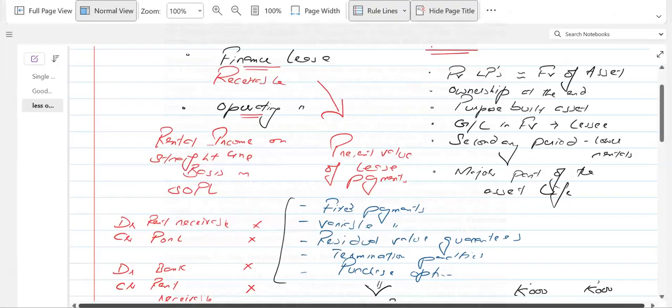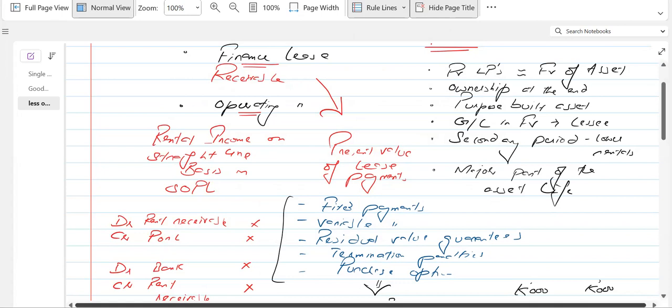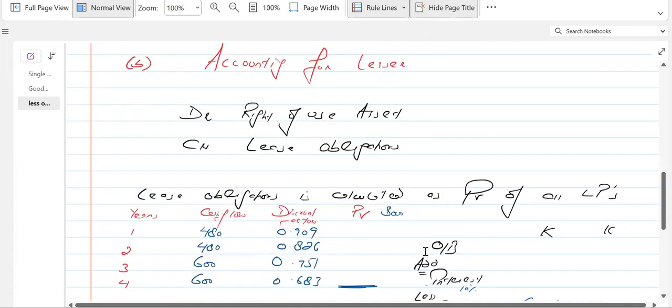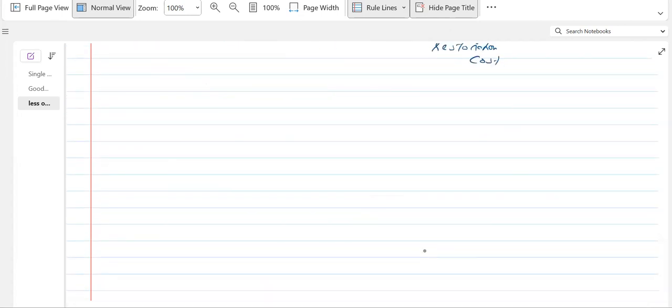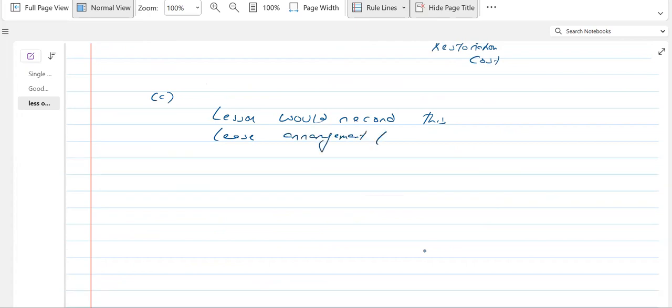So you will clearly write that for the lessor, which is the C requirement, the lessor would record this lease arrangement or lease contract as an operating lease.